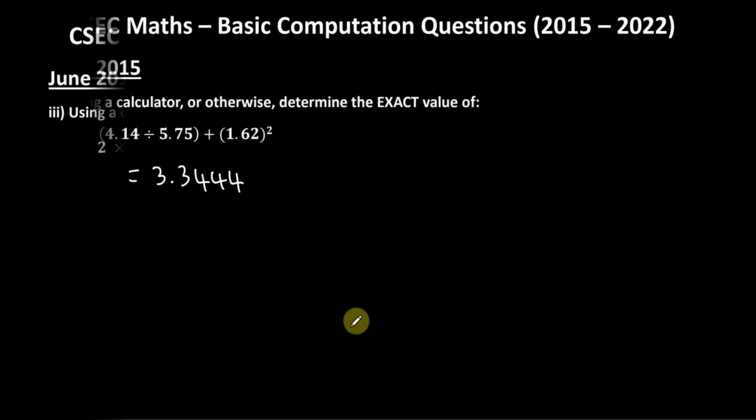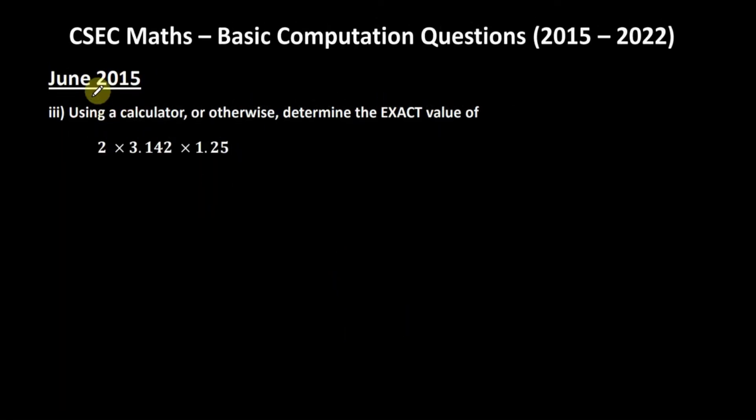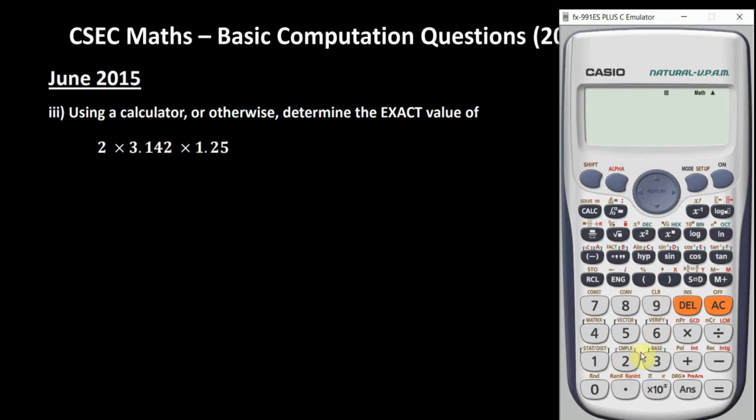So our next question. Now we're still at the June 2015 paper. They gave multiple questions like this one, and again we have the privilege of using our calculator. So I'm going to bring up the calculator once more, and there we go. And this one is pretty easy.